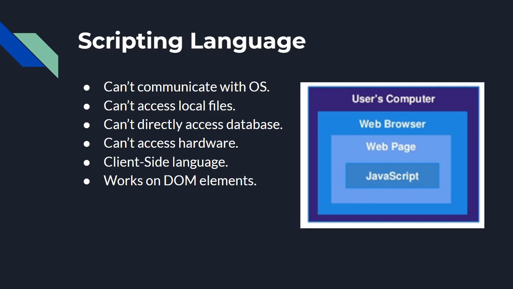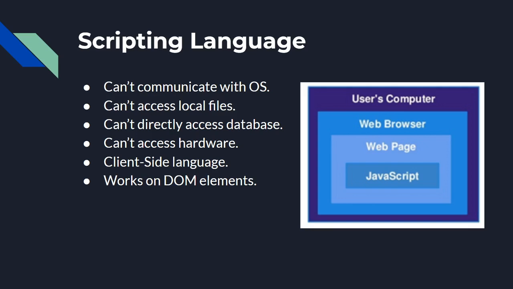So what does that mean? Well, I'll tell you what it can't do. JavaScript can't communicate with your operating system. It doesn't talk to your Windows or your iOS. It just works in your browser, so it is neutral. It can work in any browser that has an interpreter for JavaScript.